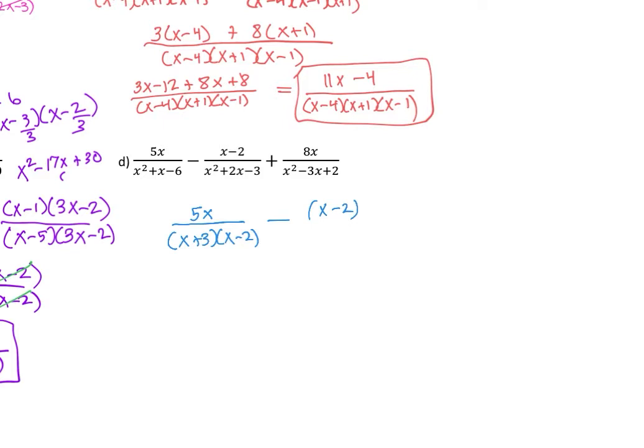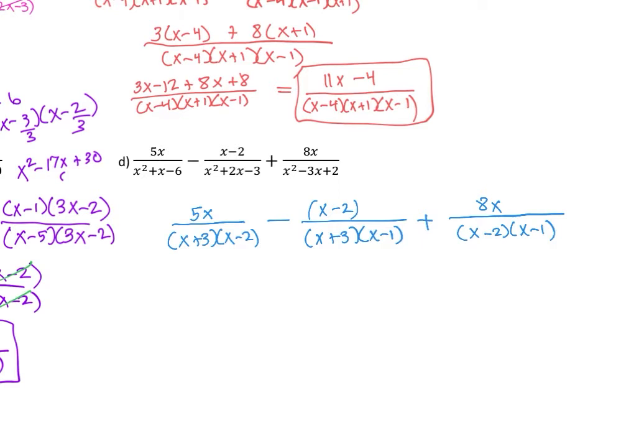Now I'm going to put parentheses around those because I think that will help me in the long run. We have here x plus 3, x minus 1, plus 8x over x plus 2, x minus 2, x minus 1.